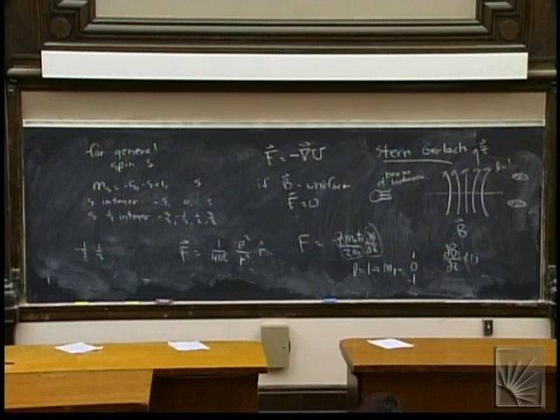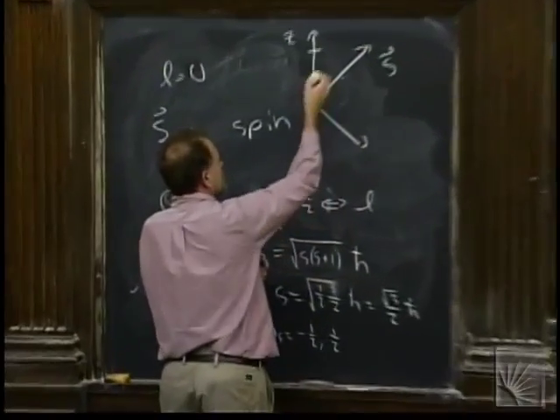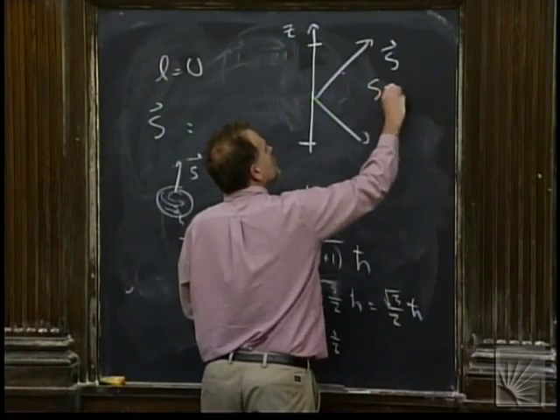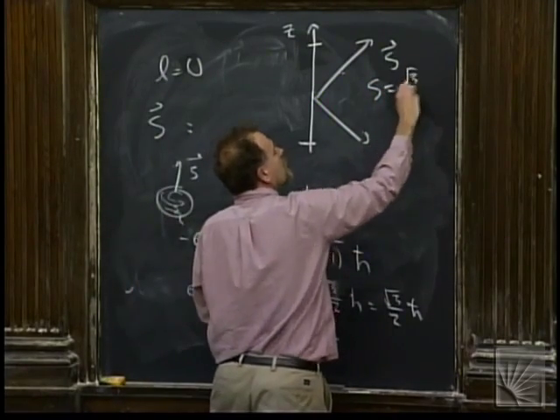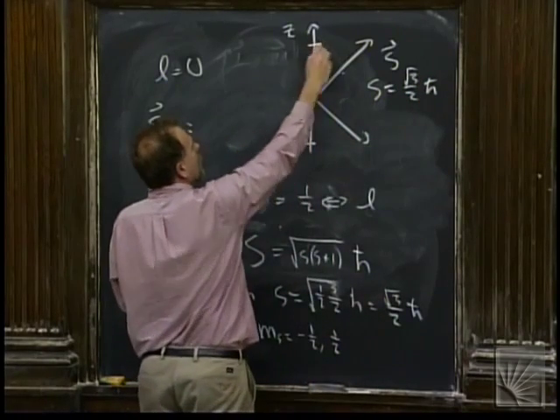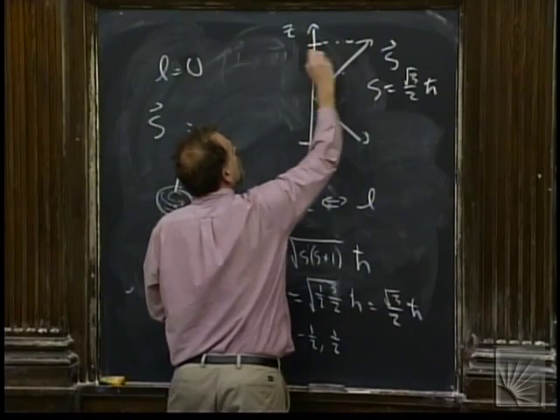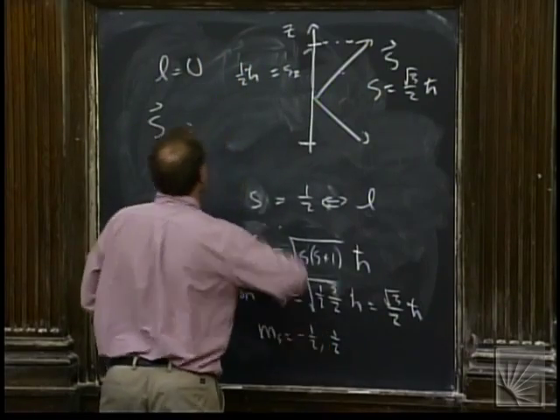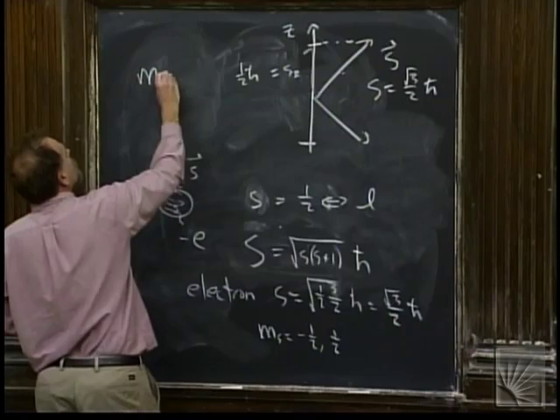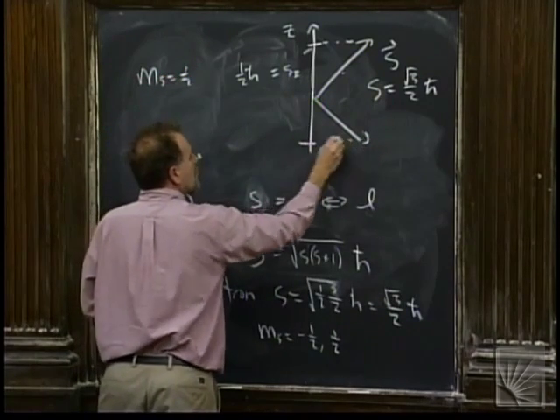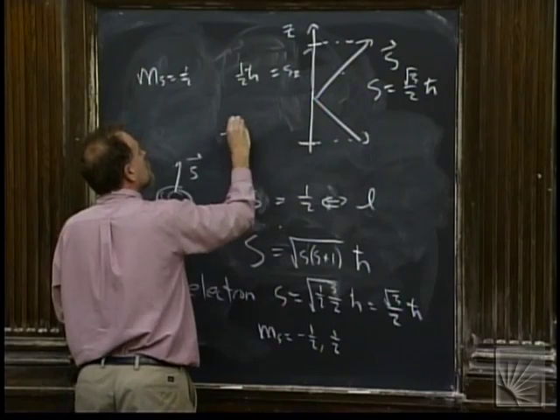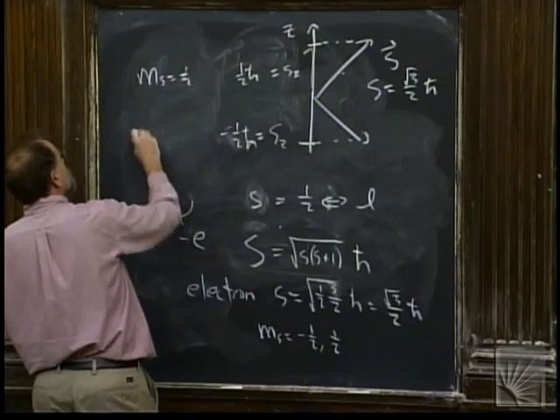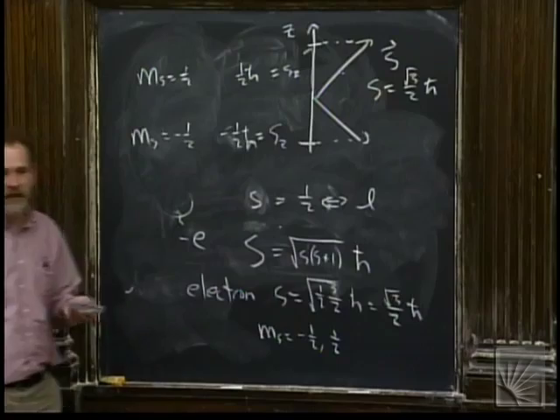And this thing will line up such that its projection along the z-axis, and here I'm drawing a spin 1/2 particle, where the value of S is √3/2 h bar, is either aligned up on the z-axis such that the z component of S is 1/2 h bar, the m sub s equals 1/2 state, or it's down here where minus 1/2 h bar is S sub z, the m sub s equals minus 1/2 state.